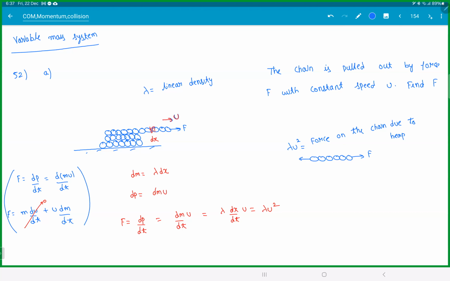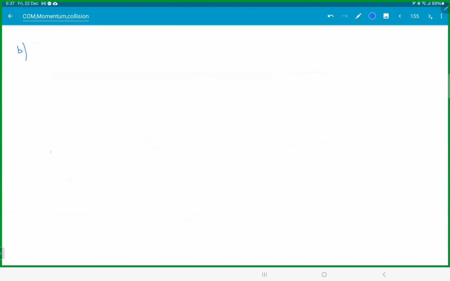Next one, turning the page. Same question, but this time someone is pulling the chain vertically up.